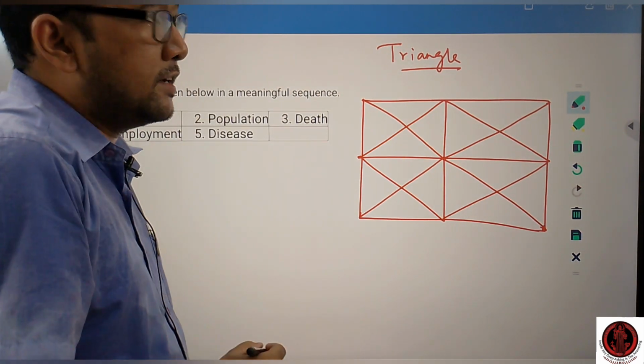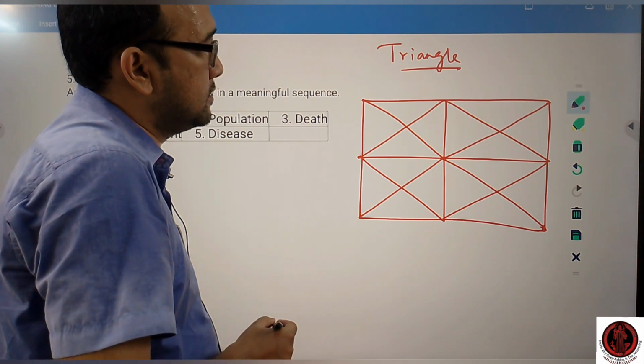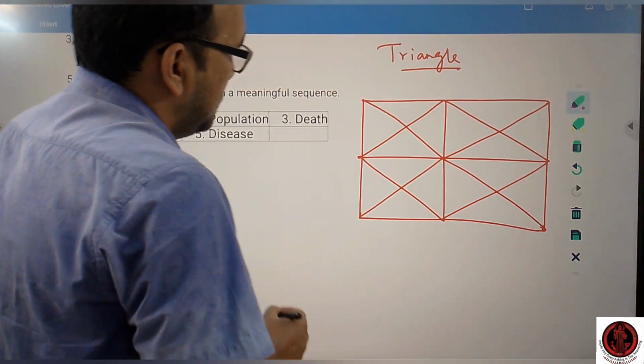Now the question is how many triangles are there in this diagram?